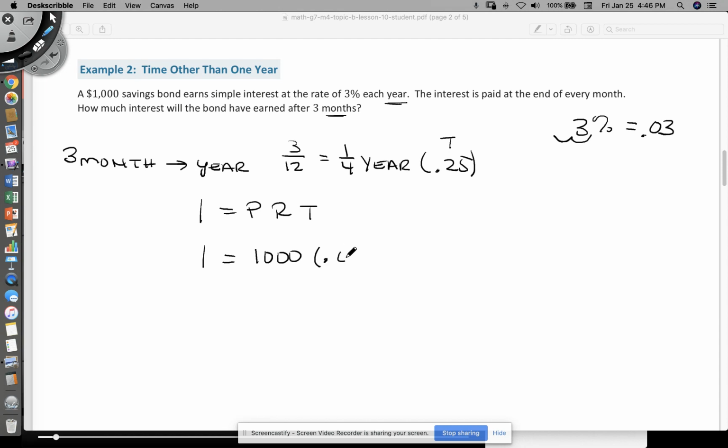Then my time we just found is 0.25. In your calculators, multiply that all the way through, and your interest is going to come to $7.50. Not a whole lot, but a little something for 3 months. Not bad. Okay, let's move on to the next problem.